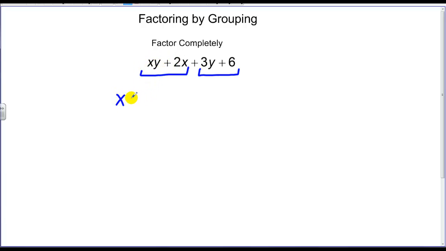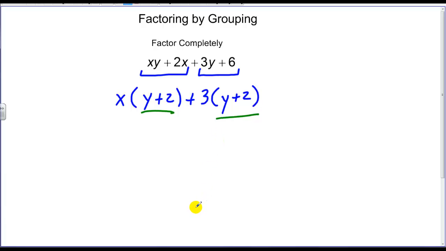If I do a GCF factoring on both, you'll notice I get x, because that's my GCF within this first grouping, times y plus 2, plus, have to keep that addition sign in the middle. 3 is my common term here, and then 3 times what is y, that's y, and 3 times what is 6, that's 2. Now, you'll notice what I have left is a term in which there's another greatest common factor.